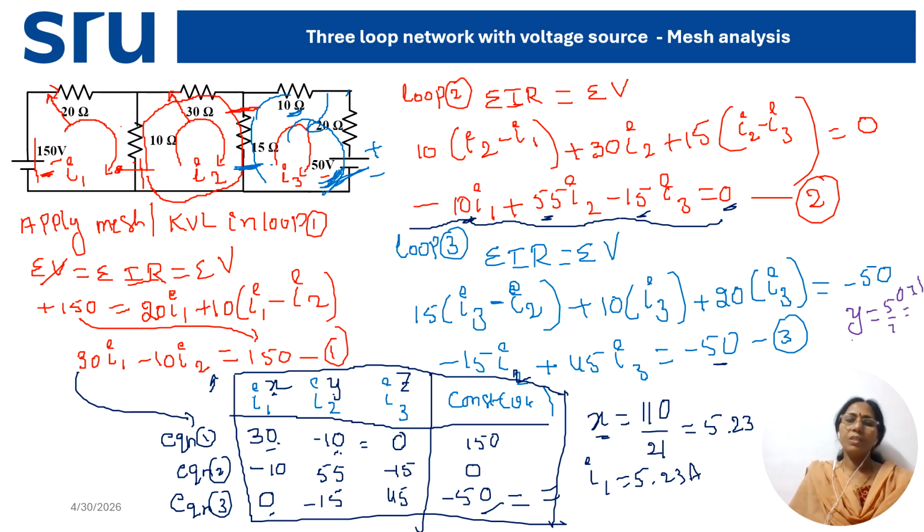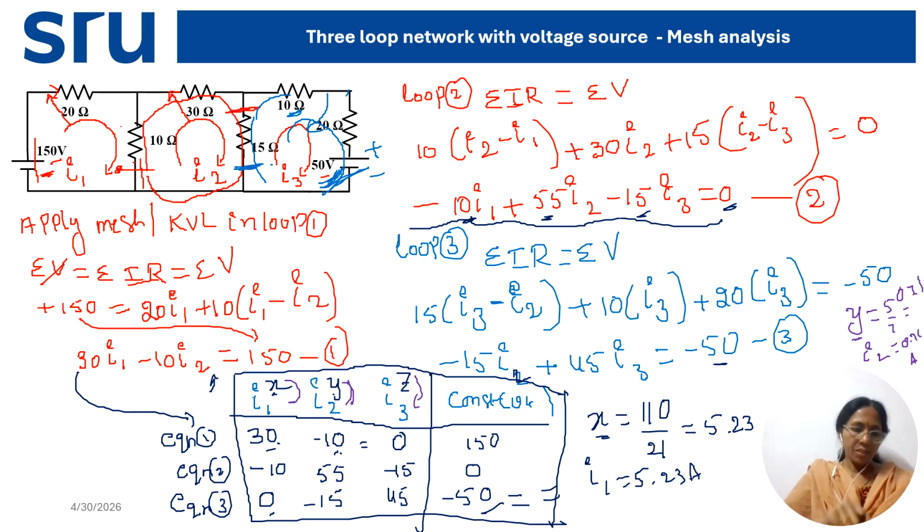So what is y here? I2. So x is I1, y is I2, z is I3. Now we got the y value, the I2 current, which is 0.71 ampere.